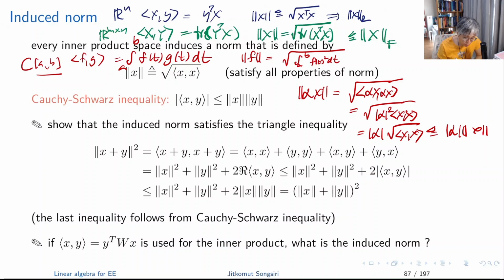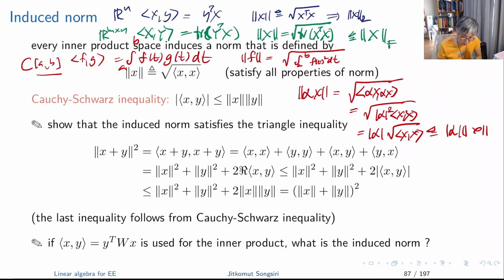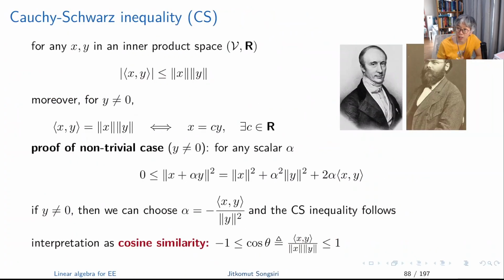But before doing that, I would like to introduce the very well-known inequality that gives you a connection between inner product and its induced norm. The Cauchy-Schwarz inequality is defined on any inner product space V. Suppose this is the inner product that you use from that space.